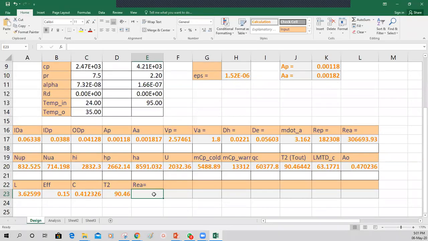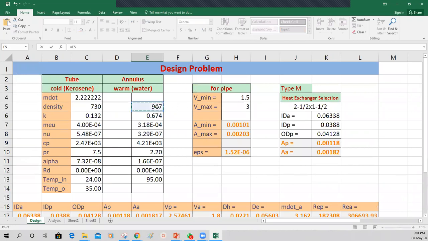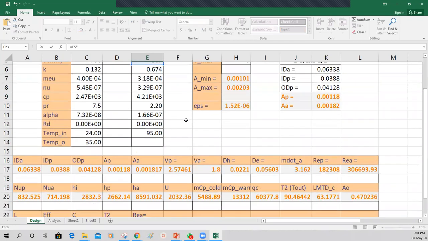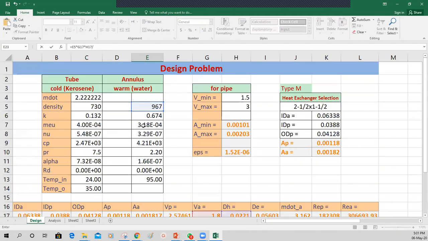So the Reynolds number equals rho v Dh over mu. It should be multiplied by rho, the density of water, multiplied by the velocity in the annulus side, which is 1.8, multiplied by Dh, the hydraulic diameter, divided by mu.